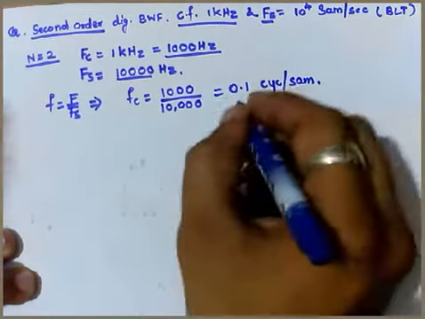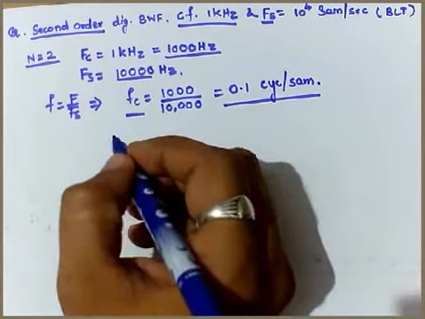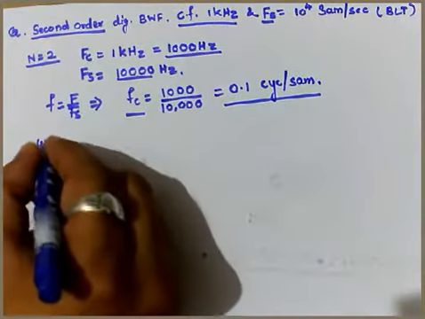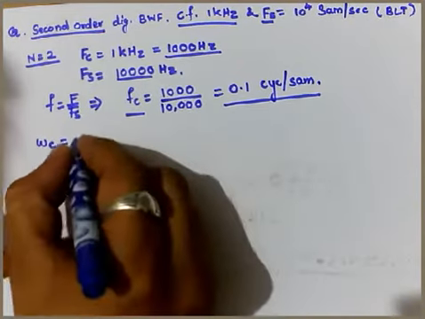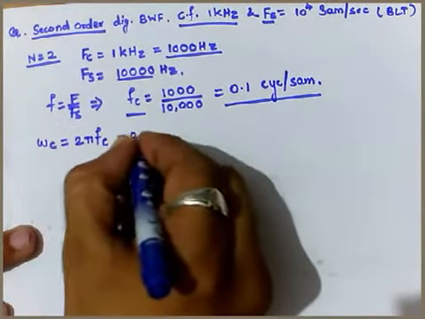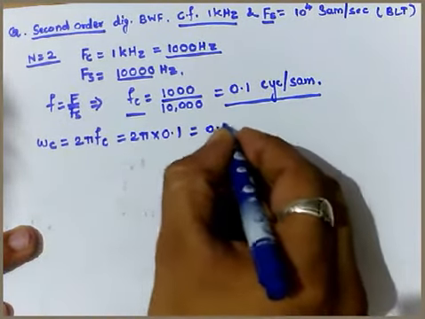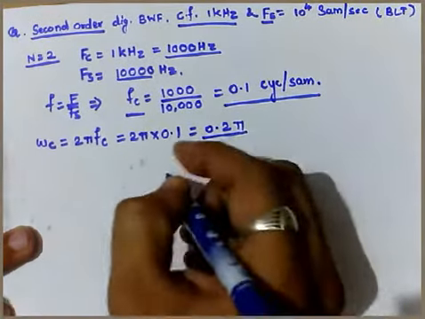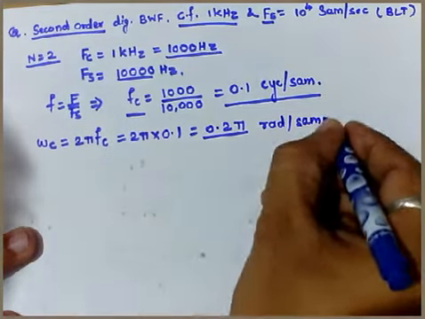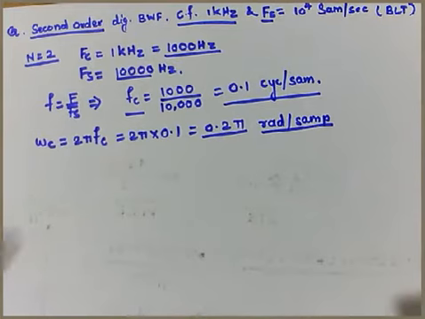But this is not the cutoff frequency we are expecting. We need omega c, the angular frequency. Omega c is 2 pi fc, so 2 pi into 0.1, which is 0.2 pi radians per sample. This is what we need.